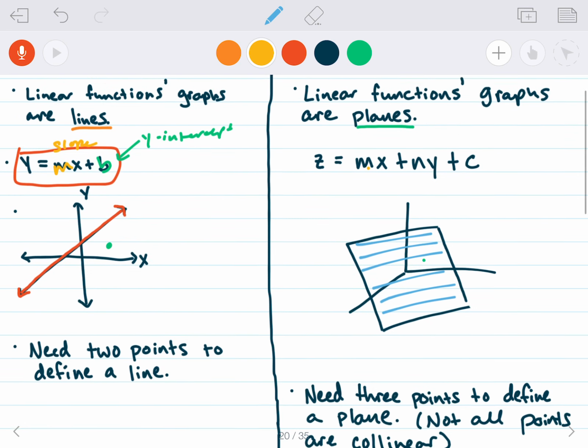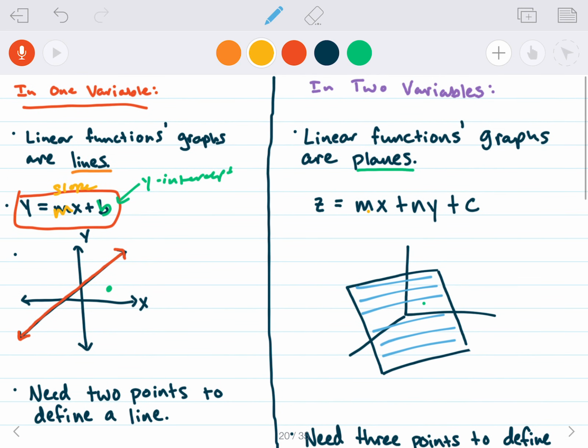Now we're going to talk about the 3-dimensional analog of this case. So in 2 variables, it turns out that a linear function is a plane, okay? And it has this form z equals mx plus ny plus c.